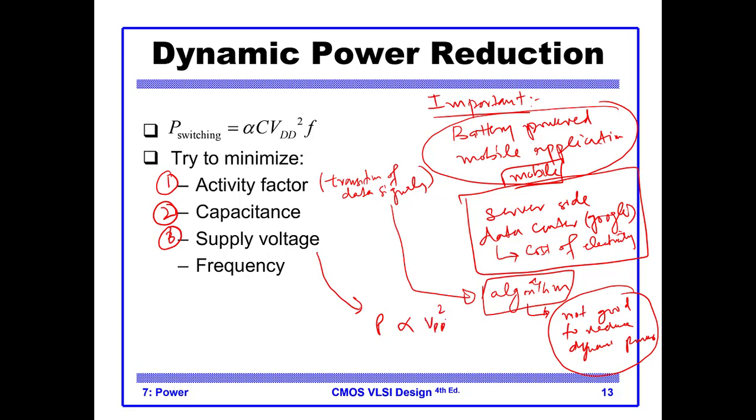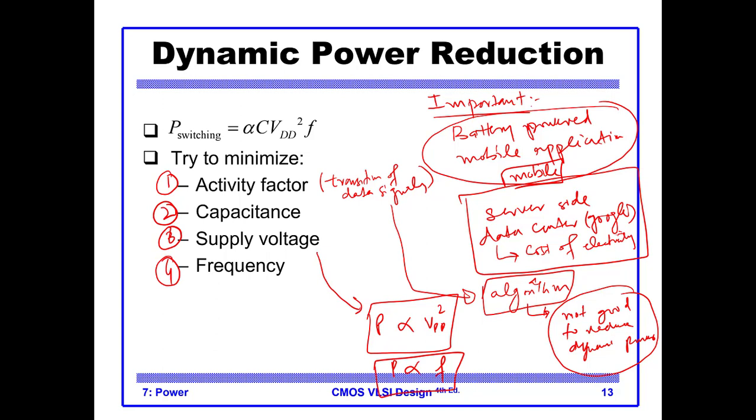So if you reduce the voltage, the power consumption will go down by a square factor. That's very good. And then we have the frequency, which has a linear relationship with the dynamic power consumption.